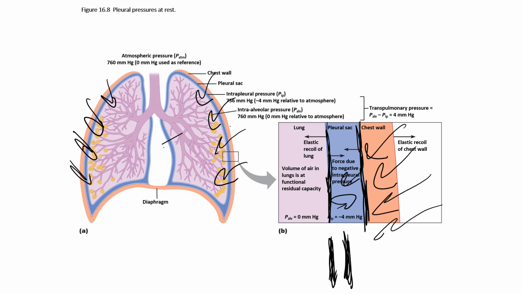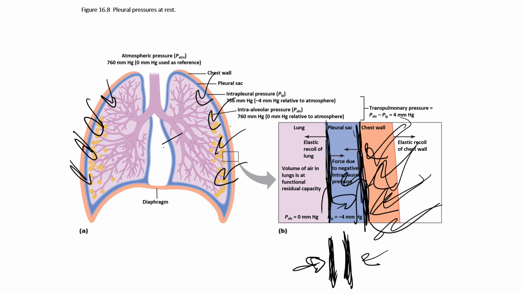Right? The chest wall, when we begin to exhale, falls down and inward, pushing the parietal and visceral pleura closer together, decreasing the volume of the pleural cavity.